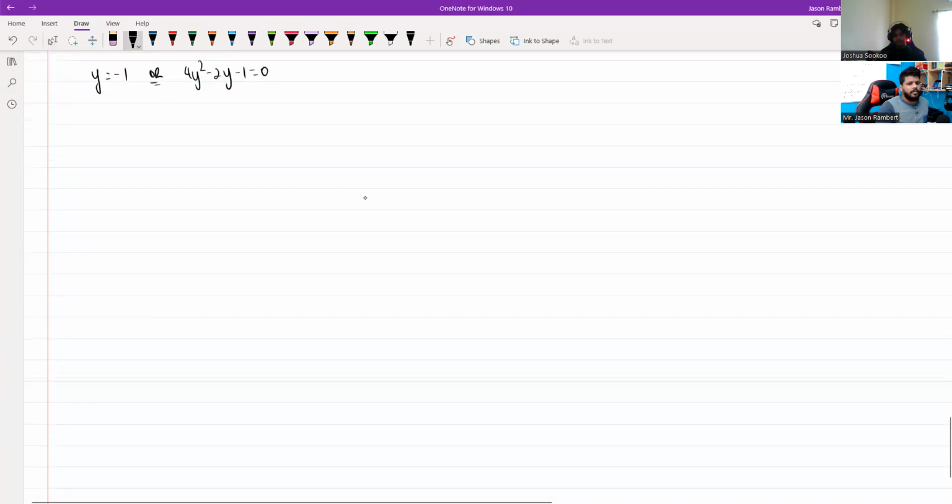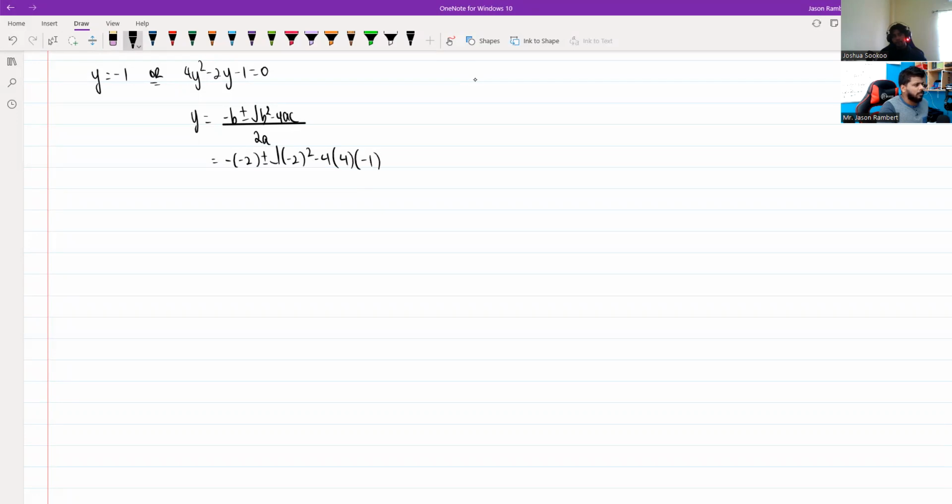Remaining factor theorem. y is equal to minus b plus or minus the square root of b squared minus 4ac, all over 2a.